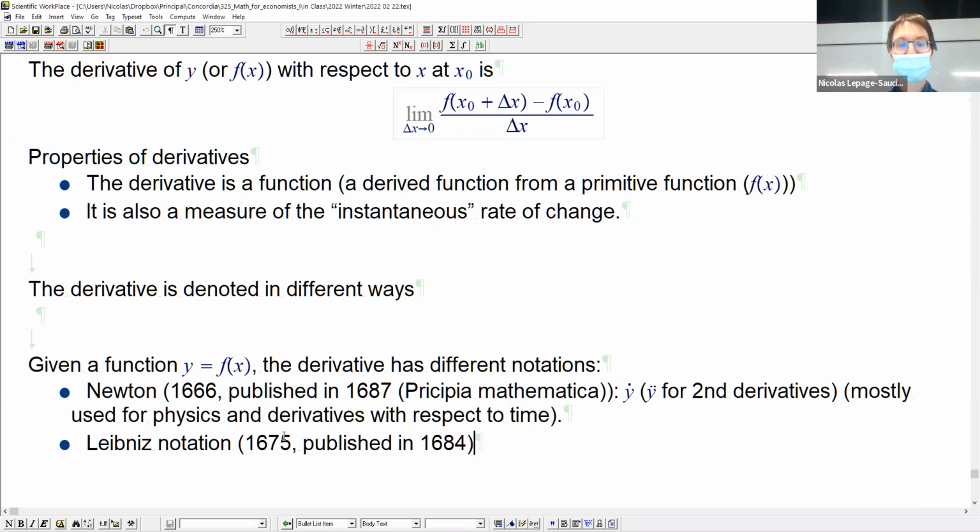So why is it funny? Well, because look at this: he came up with it later, but he published earlier.